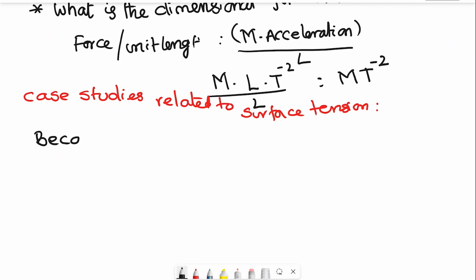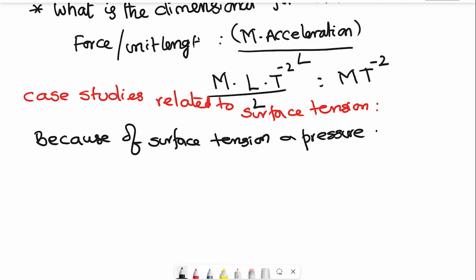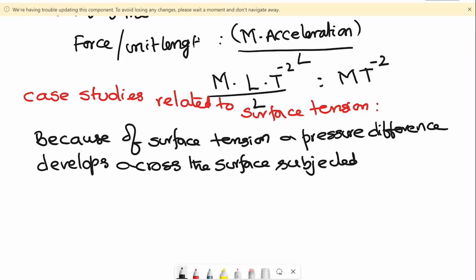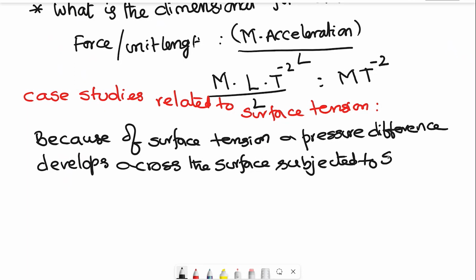Because of surface tension, a pressure difference develops across the surface subjected to surface tension.